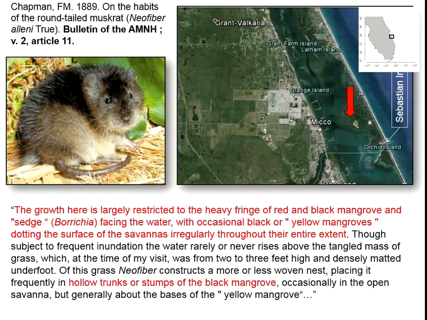So in what was this, 1889, by Sebastian Inlet, it would have looked like the ecotone here, with salt marsh with some mangroves in it. But if you go there now, it's 100% red mangrove. But in 1889, it looked like here, but there's evidence that at some time earlier it had been a huge mangrove forest.